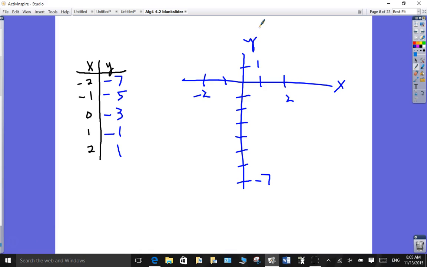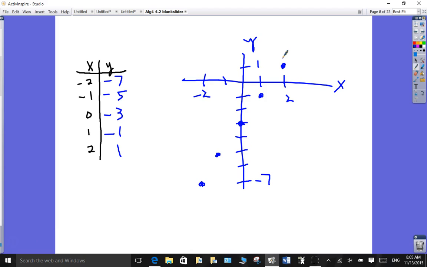Okay, so graph the points. Negative 2, negative 7. Negative 1, negative 5. 0, negative 3. 1, negative 1. And 2, 1. Okay, so we made our table of values.